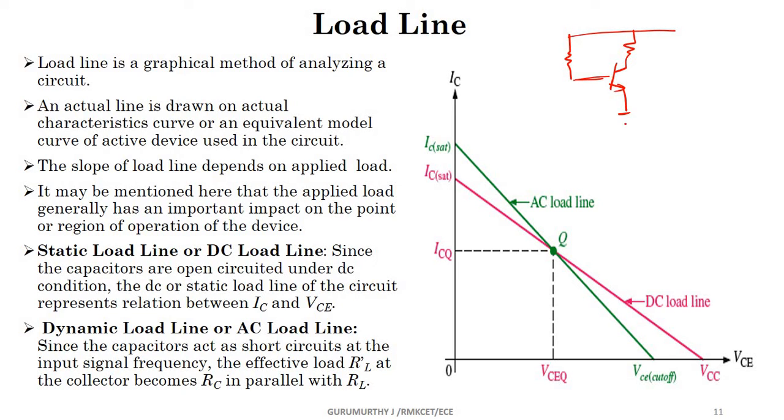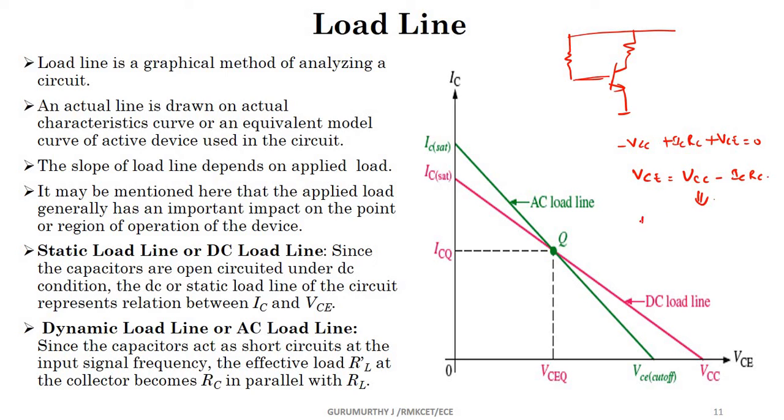When you apply KVL at the collector to emitter loop, you will have minus VCC plus IC into RC plus VCE equal to 0. So VCE is equal to VCC minus IC into RC.